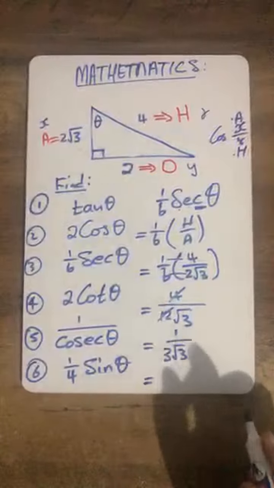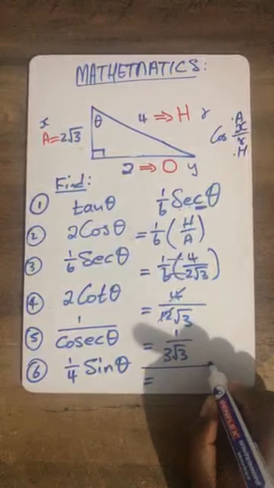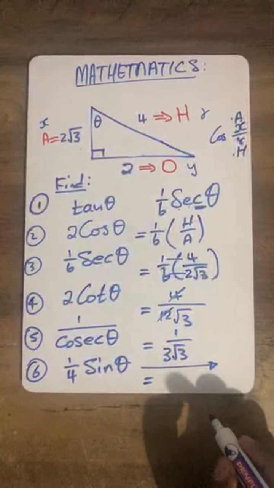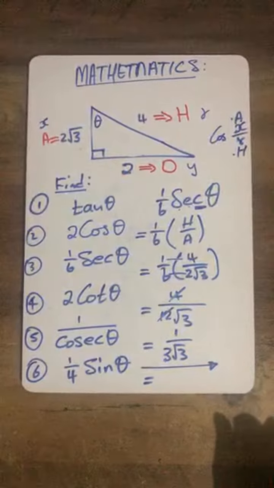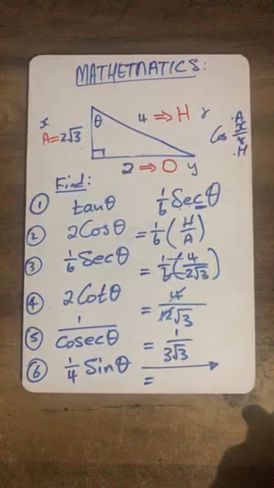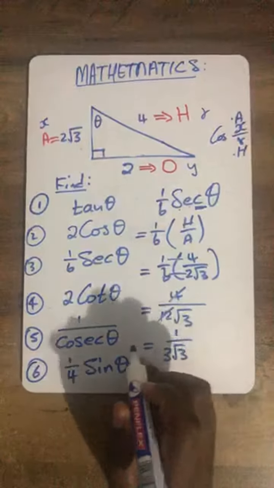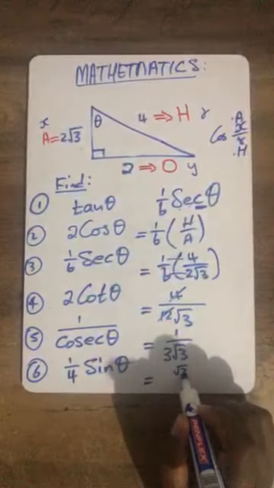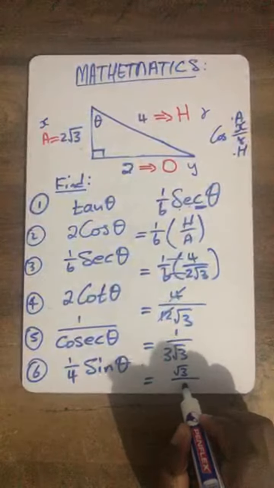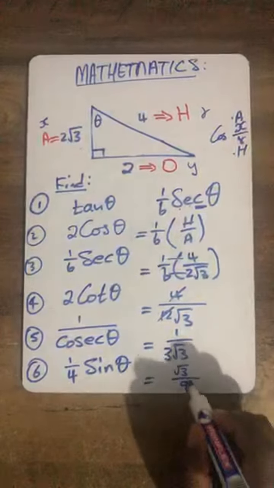If you remember, what I taught you is up to that stage. But if you go further, you can still work it out and it is definitely going to give you something. You might find that it gives you square root of 3 over 9, if you punch it on a calculator.